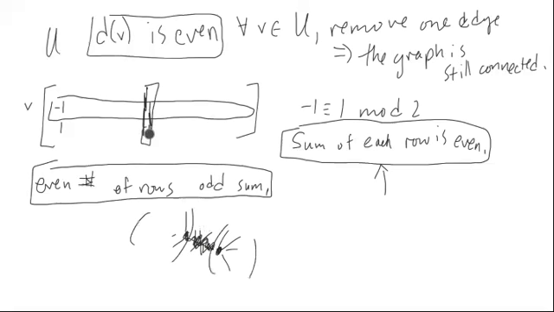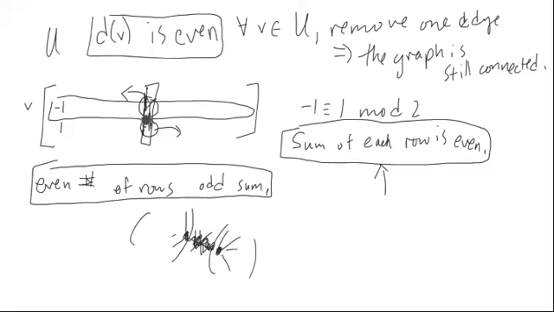So this -1 and 1, if we remove it and we make two components, let's see what's happened. One of these vertices is in one component, and this vertex is in the other component. So we've changed one row to have an odd sum because we took a 1 away from it.